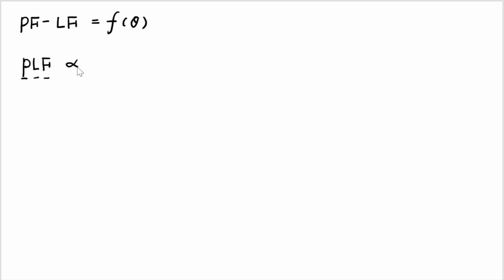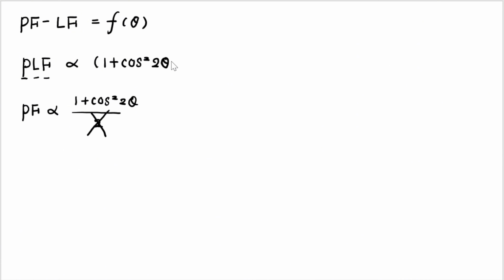The result is, we just draw the polarization factor as a function of theta angle, cosine square 2 theta over 2, right? So we just give this value, but here we neglect the 2. So 1 plus cosine square 2 theta, right?